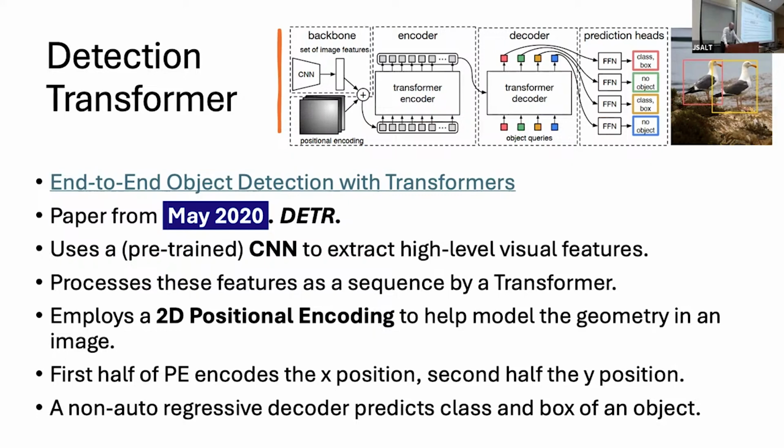Okay. And so the positional encoding is interesting because you actually have to have an even number of dimensions so that you can split it in half, because the first half of the positional encoding is encoding the X position, and the other half is encoding the Y position.